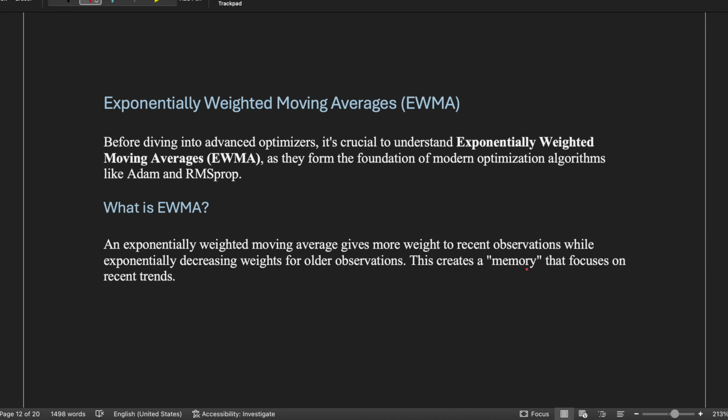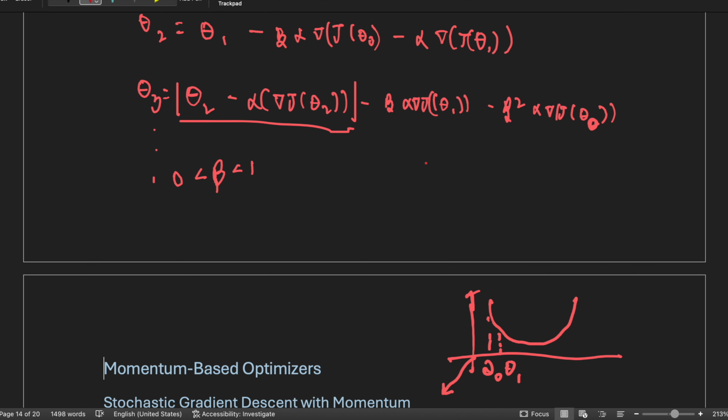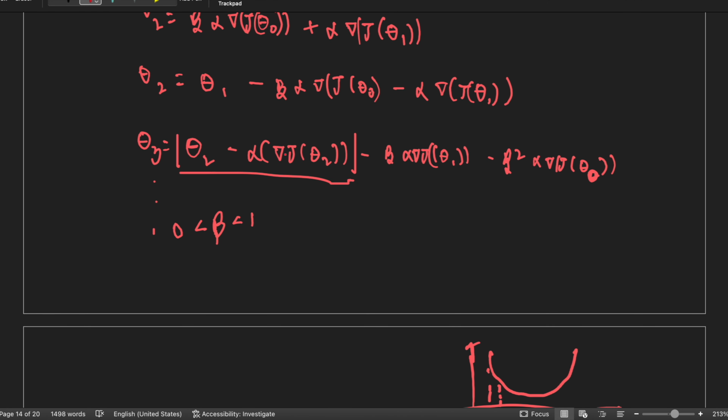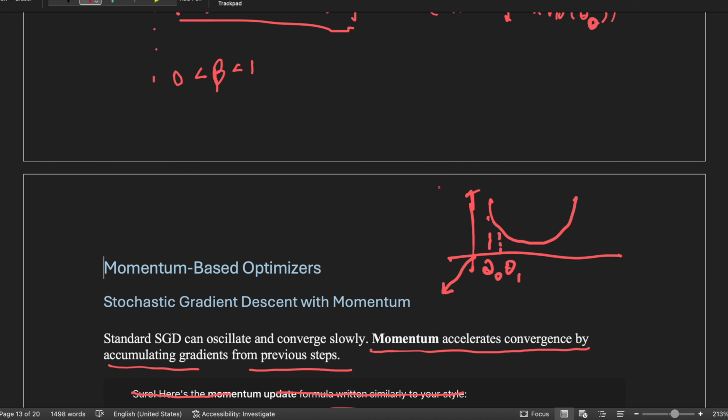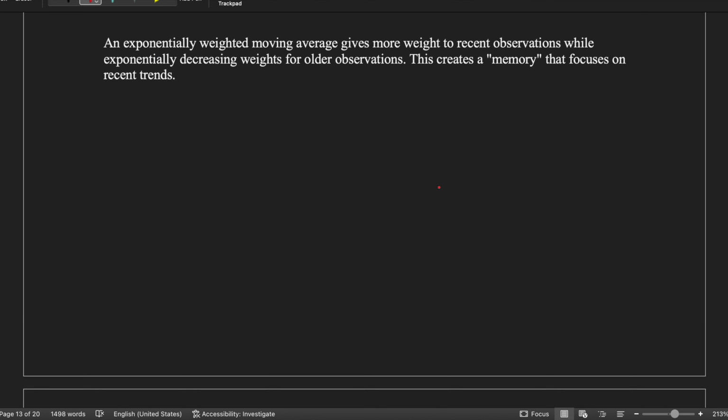Exponentially weighted moving averages give more weight to recent observations while exponentially decreasing weights for older observations. The newer values get more weight because no beta is multiplied with them, and as they become older, betas are multiplied. The decay rate is multiplied with it and decreases its weight. So that is EWMA.